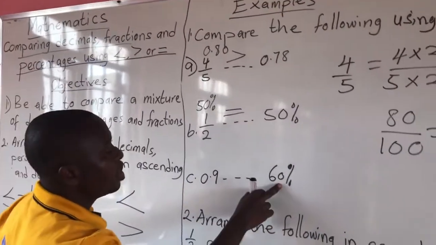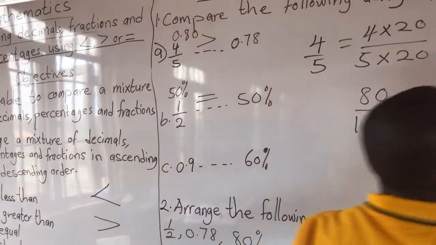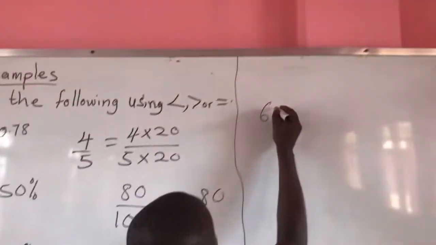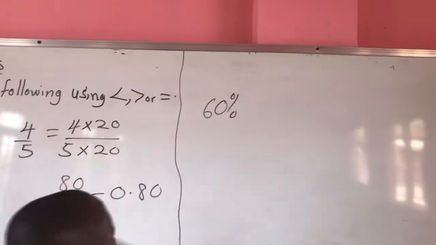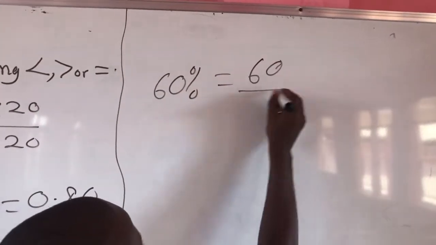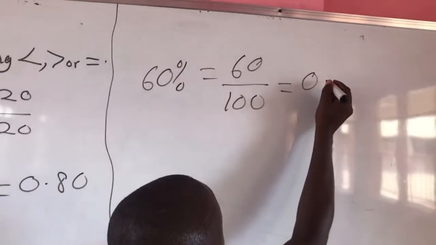So let's try changing this to decimal. So now we change this 60% to decimal. We have 60%. We know 60% is equal to 60 over 100. This will give us 0.60.